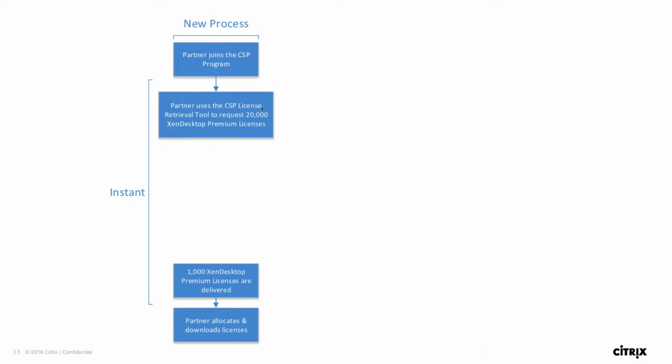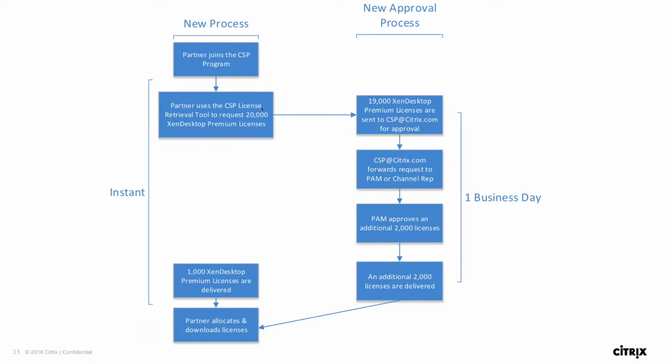So in the new process, let's say you want to order 20,000 XenApp premium licenses. Normally you will get 1,000. So those extra 19,000 they will send to csp@citrix.com for an approval. The person behind that email address will forward that to your account manager.